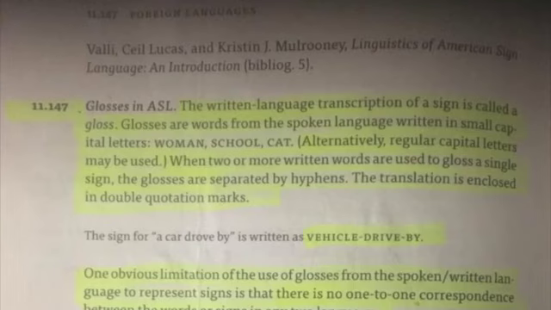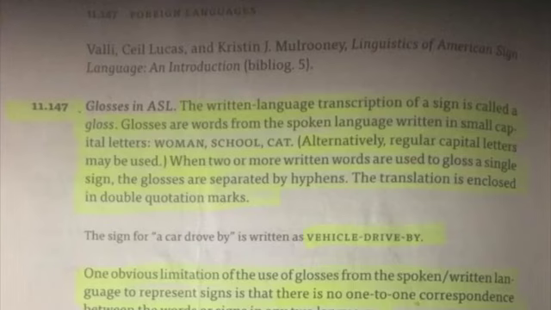The thing about the glosses and the words being used, when you look at sign language, is that all the words that are used are factual based words. There are no little in-between words to give confusion. It's all fact. As you see here, woman, school, cat. Factual words. Sign language is all built up around that.